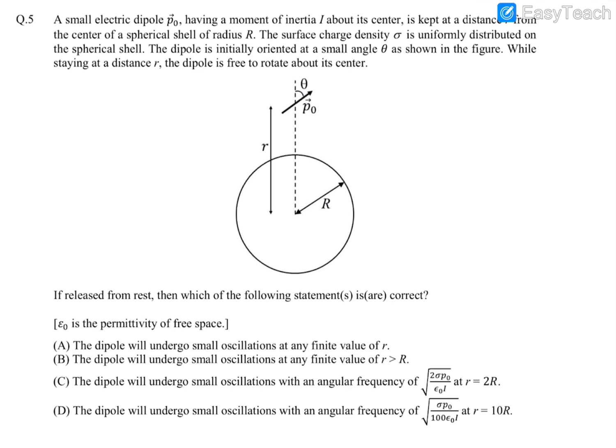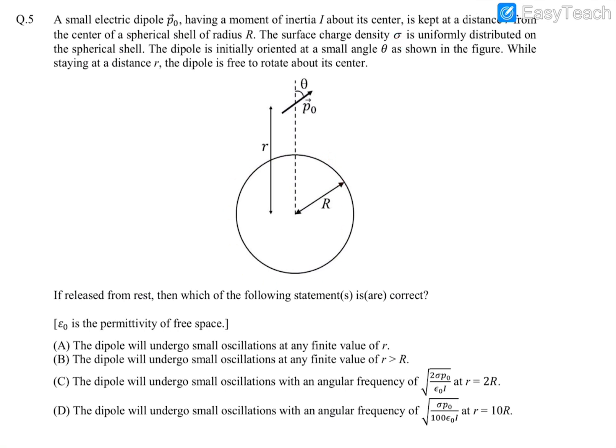In this question, you can see that there is a small electric dipole P0, which is kept on the axis of this spherical shell. The angle of this dipole with this axis is theta, and the moment of inertia of this dipole about its central axis is I. The shell is a uniformly charged surface with a charge density of sigma.